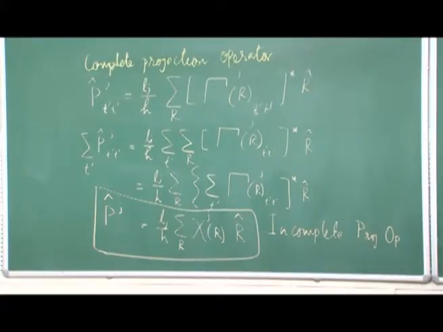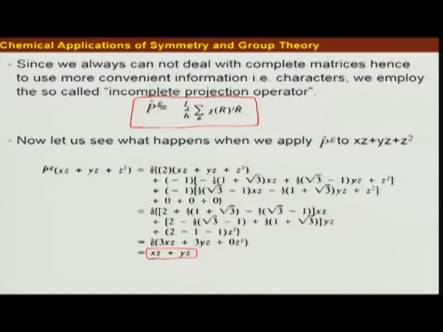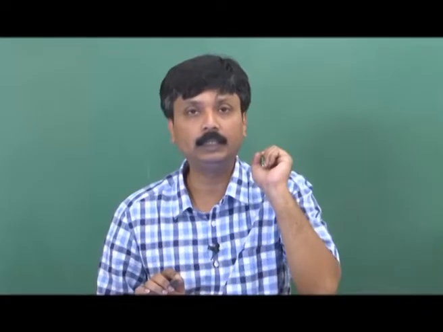So we are getting pretty much the same result, because xz and yz are combined by this addition, right. Which means that xz and yz together form the basis of the representation E.